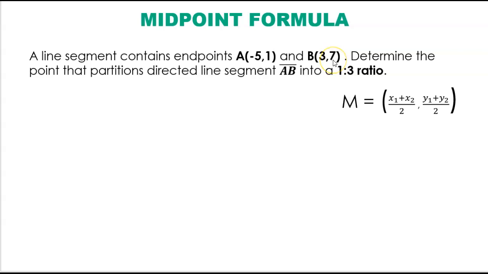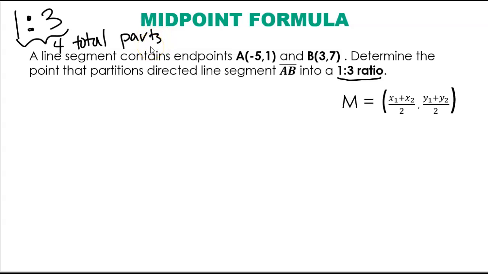Determine the point that partitions the directed line segment AB into a 1 to 3 ratio. There it is. Okay, let's think about this. 1 to 3 is going to mean that we have 4 total parts. And 4 is a power of 2, so we're going to use the midpoint formula.